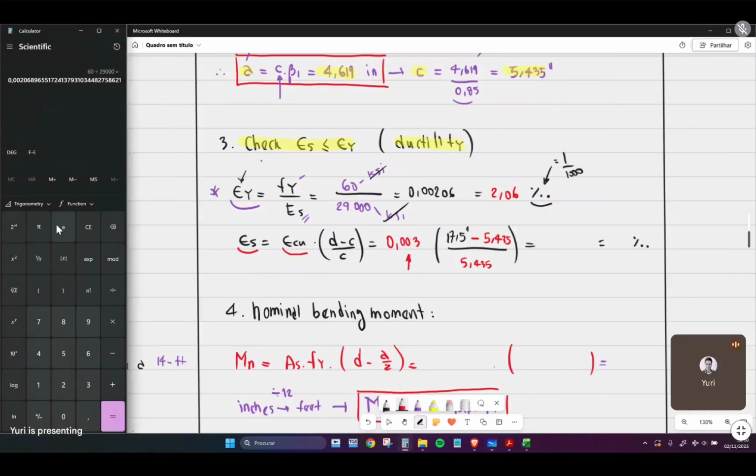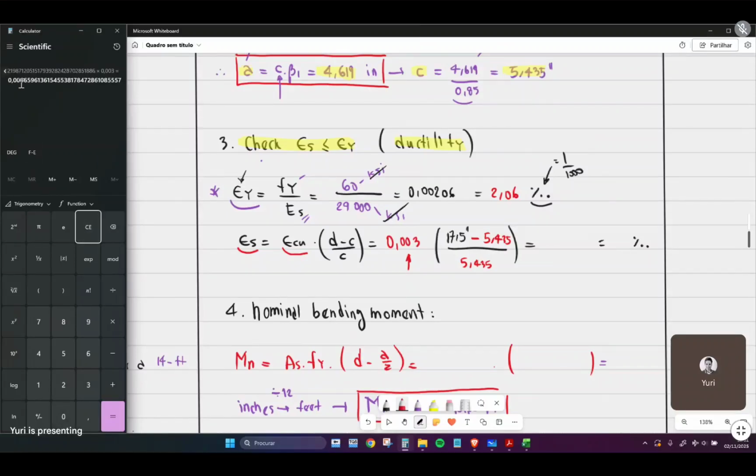Right, if we calculate this, and then divide by 5.435, and this, let's multiply it by 0.003.